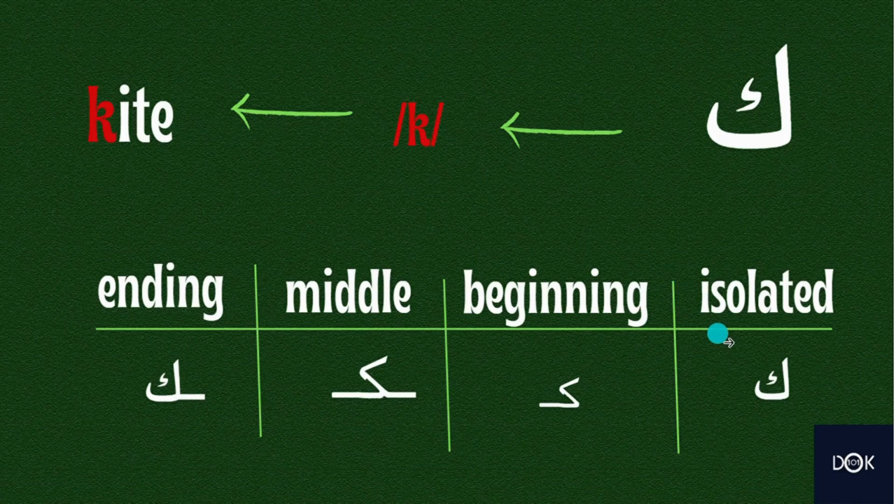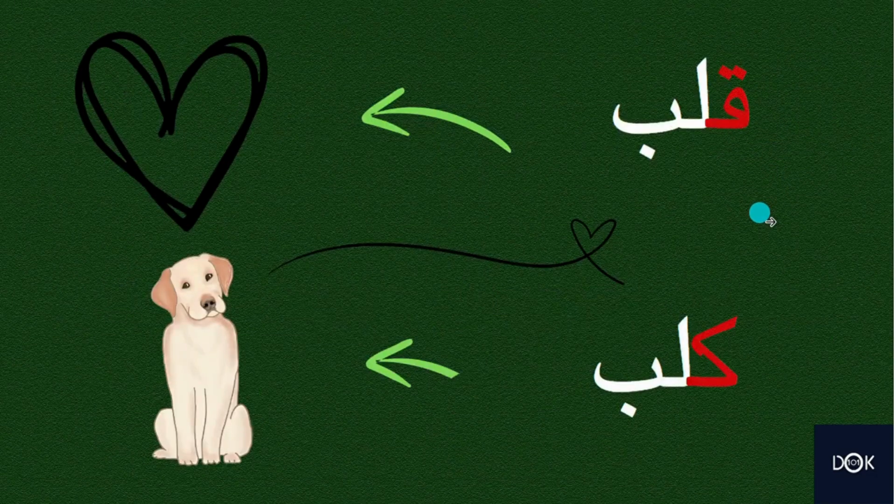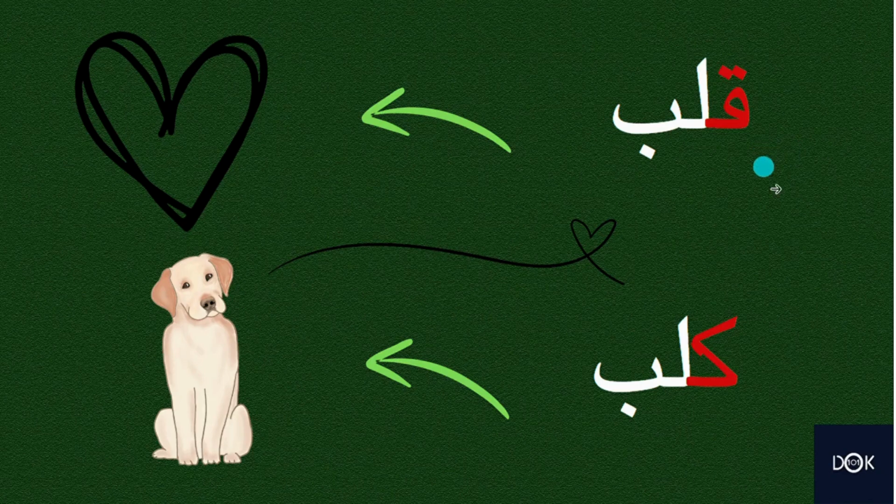Now kaf is the letter that I was talking about, that it could be mixed with qaf, the heavier sounding letter. I will show you an example, and it is a widely used example for these two letters. Now we see the word qalb here, which was an example for the letter qaf. Qalb, which is a heart.